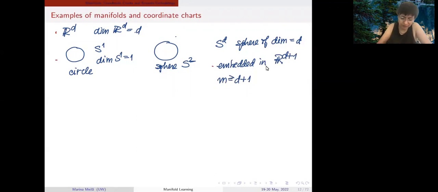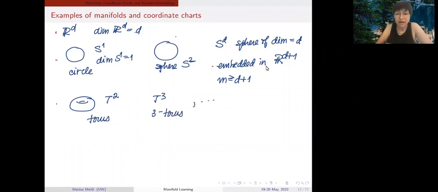Another set of very simple examples are the tori. This is T2, the torus, and there is something called T3, the three-torus, and so on. We can have tori in D dimensions. How do we define a torus? The two-torus is generated by two circles.